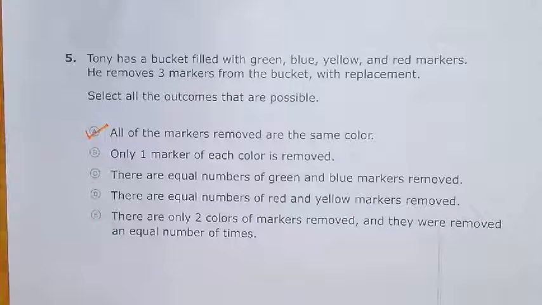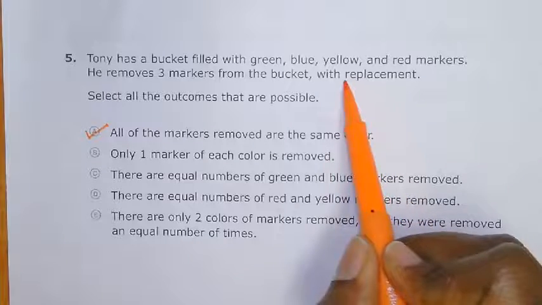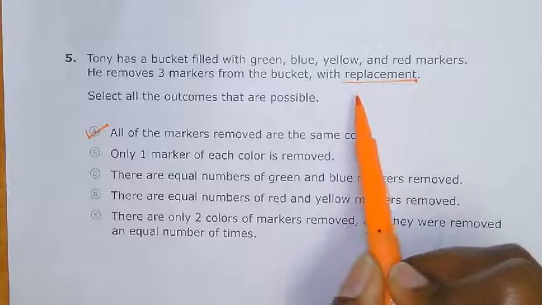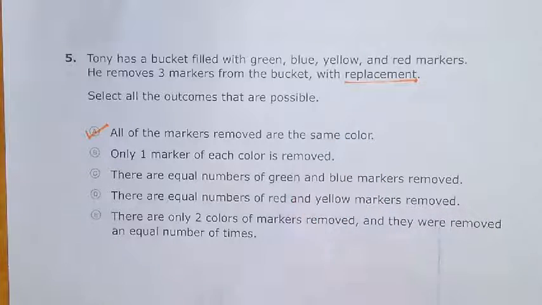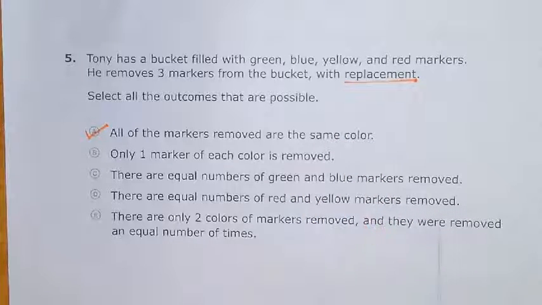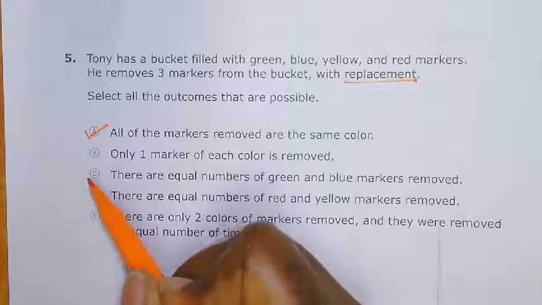No, this wouldn't be one of our choices. C says there are equal numbers of green and blue markers removed. Yes, and guys, remember it said replacement. That means after Tony removed them from the bag, he put them back, right? Or replaced them. So this could be an answer choice.